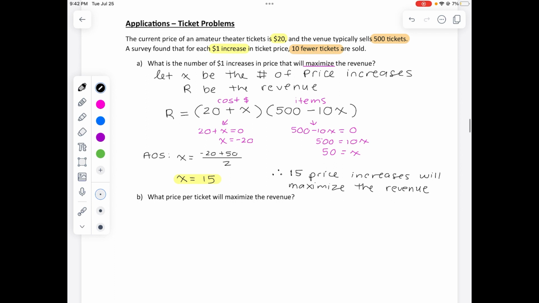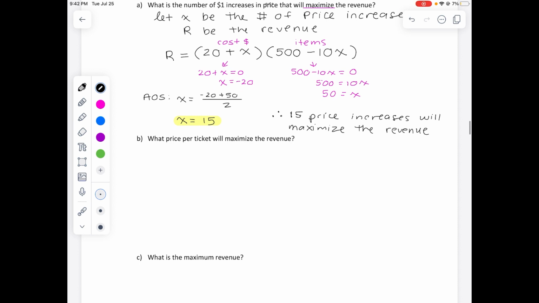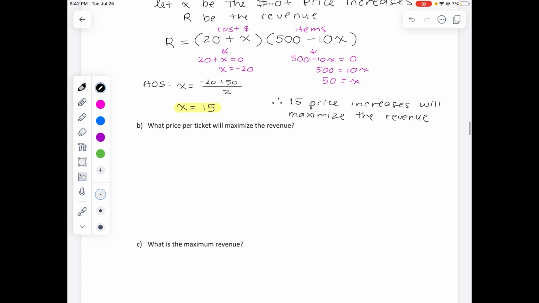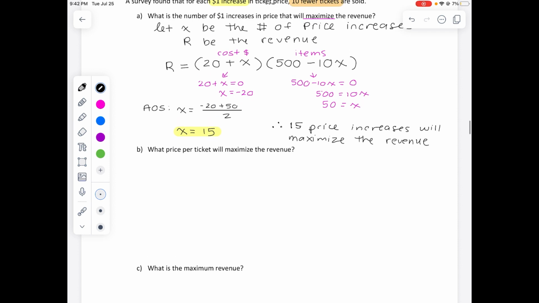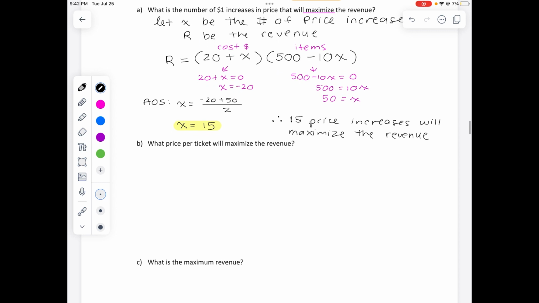So next, I want to know what price the ticket will be when I'm maximizing the revenue. For this case, I know how many times I'm increasing the price. So I'm going to sub in x equals 15 into the cost bracket.